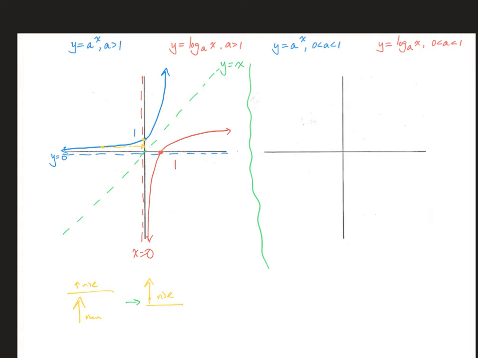My little bit of rise, when I take the inverse, would have to translate into a little bit of run. And so if I then look on the inverse graph, which is our red log graph, then before the x-intercept, I need a lot of rise and a little run.